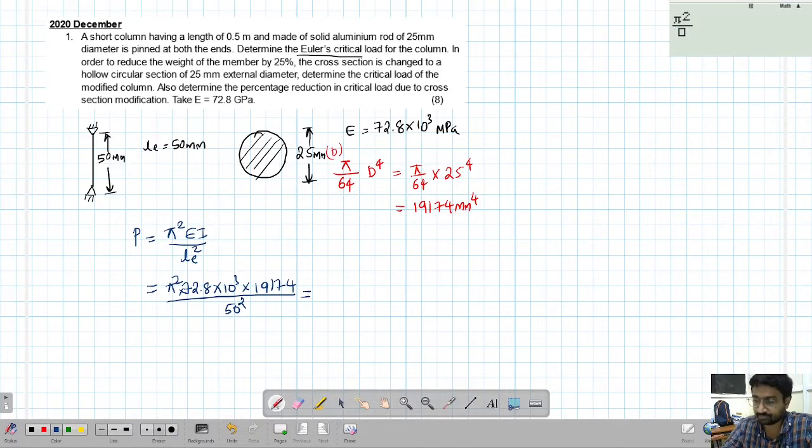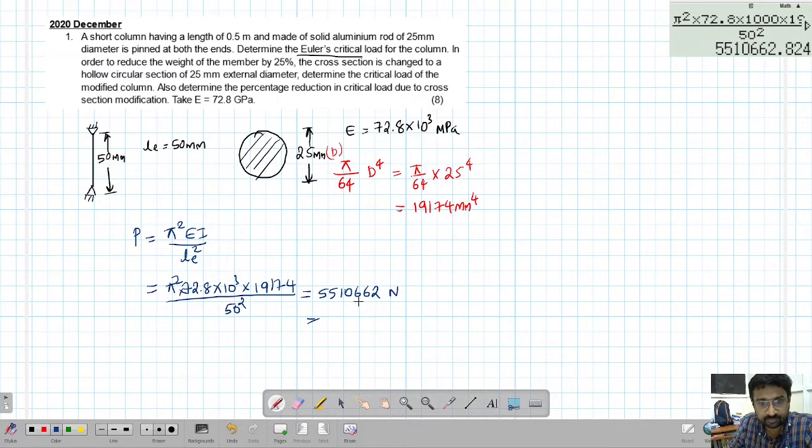Pi square times 72.8 times 1000 times 19174 divided by 50 square. So this is 5510662 Newton, or nothing but 5510 kilonewton. So this is the crippling load.